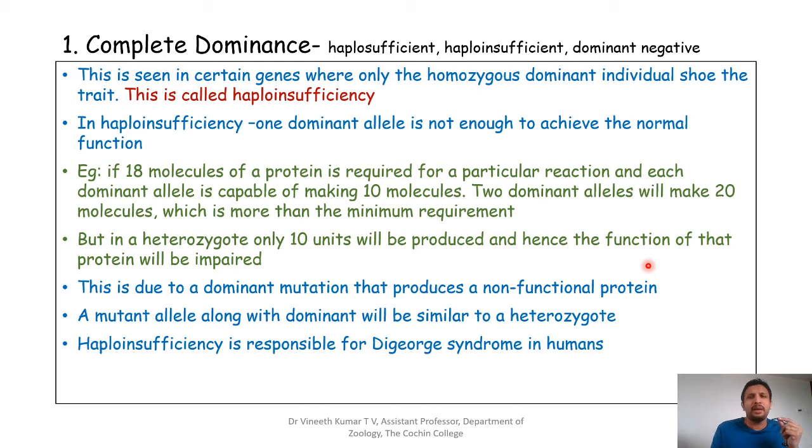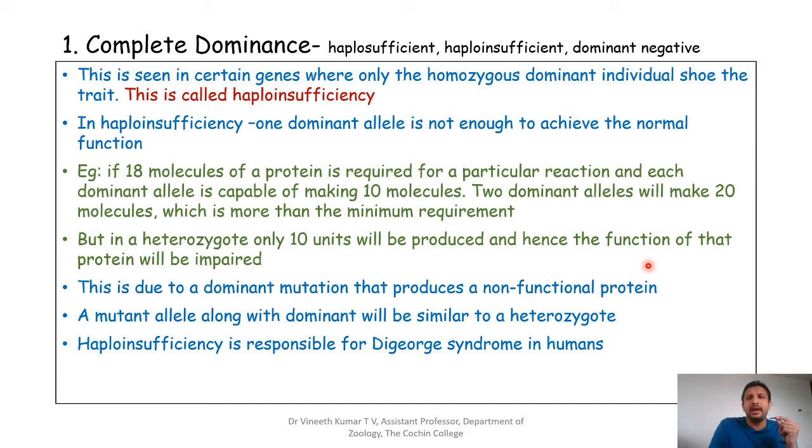So if you take an example of haploinsufficiency, it can be stated in a simple elaboration like this. Take a hypothetical situation where you need 18 protein molecules required for a particular reaction, say a particular biosynthetic pathway or metabolic pathway. And for that pathway to function normally, it requires 18 molecules of that enzyme.